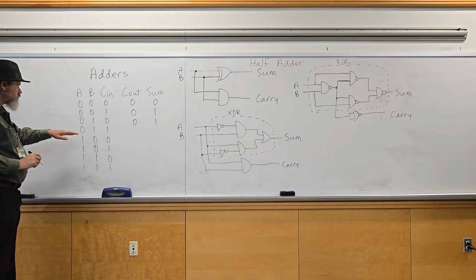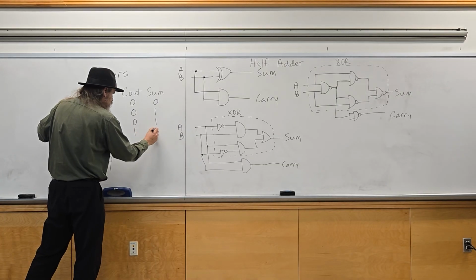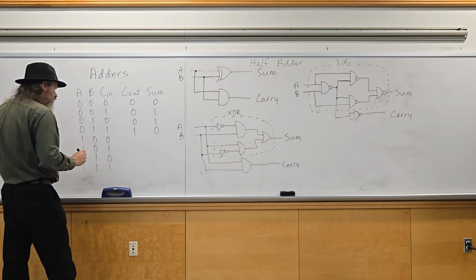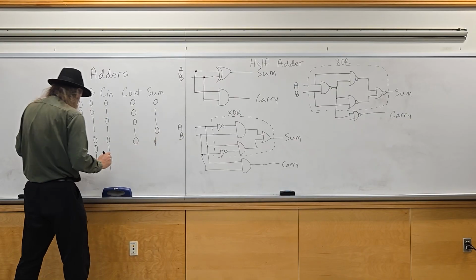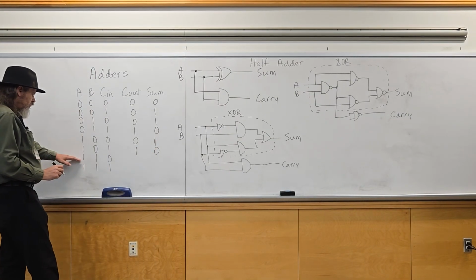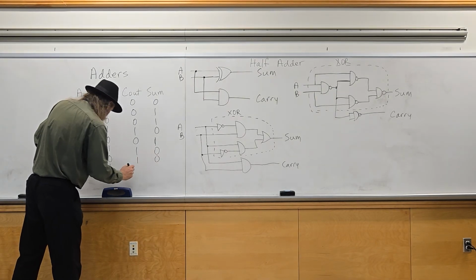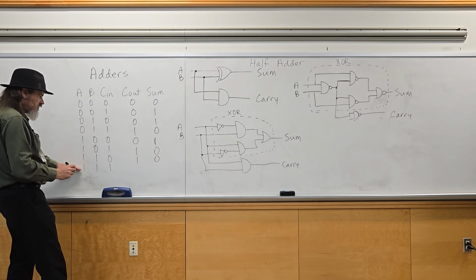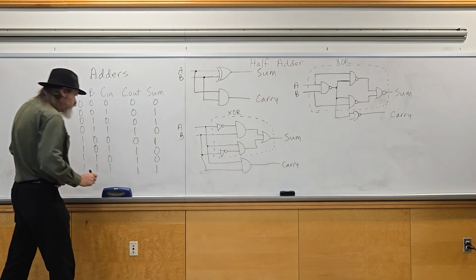And then carry 1, sum 0, back to 0, 1, 1, 0. 1 plus 1 is 1, 0 again. And then 1 plus 1 plus 1 would be 1 in the sum, 1 in the carry.